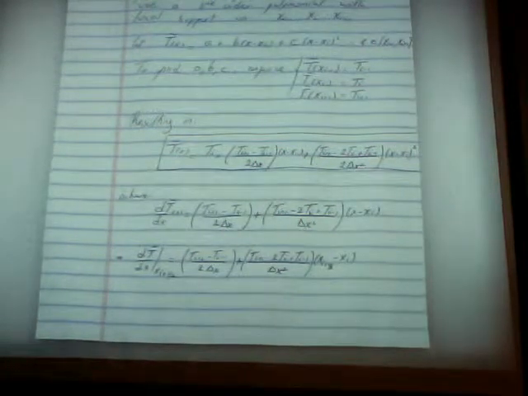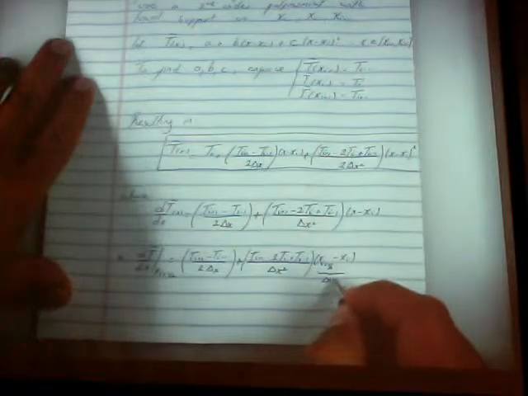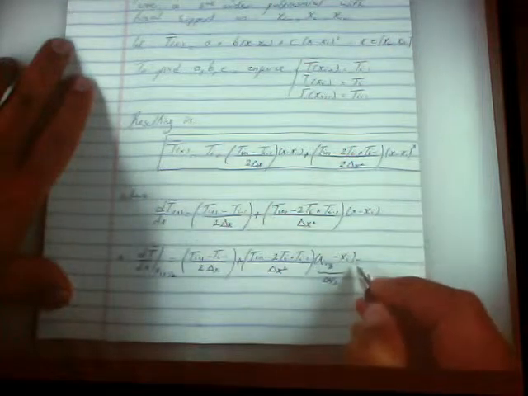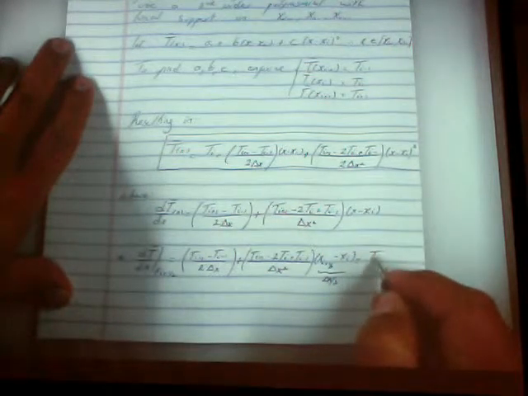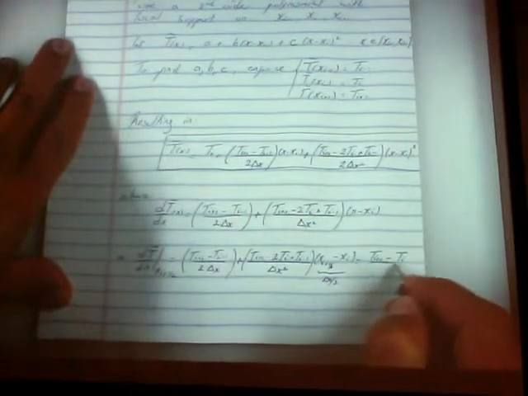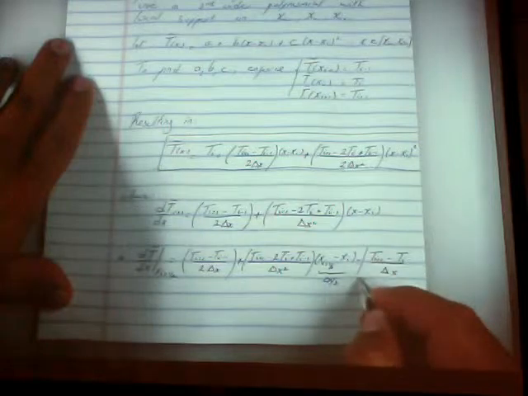What is the distance between the right of the node, halfway through the subdomain, to the node? That's half of delta x, right? This is delta x over 2. So these will basically be T_{i+1} minus T_i divided by delta x.